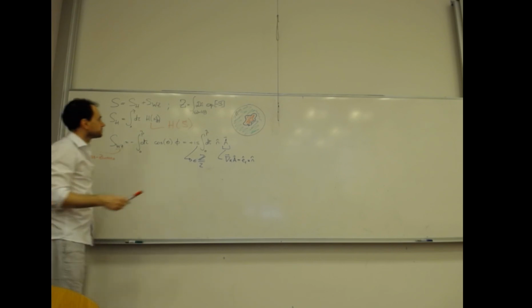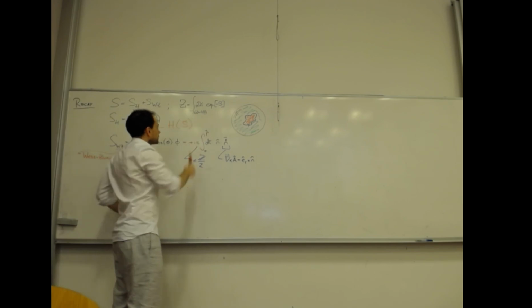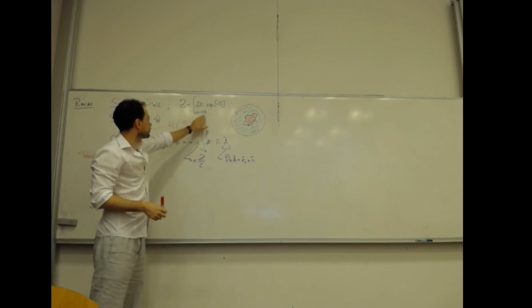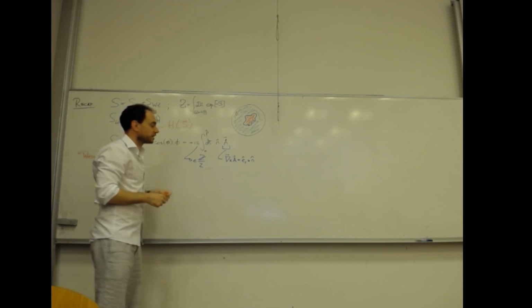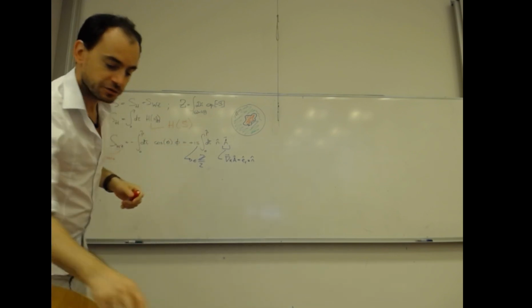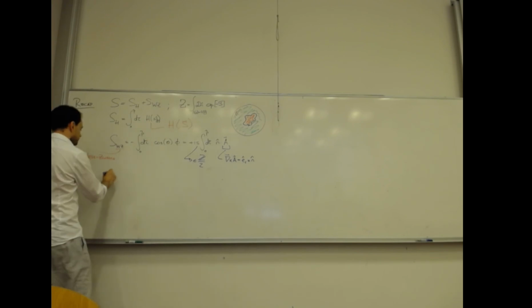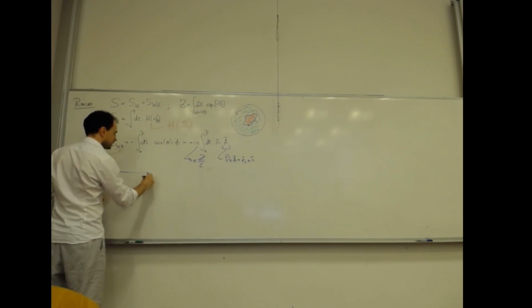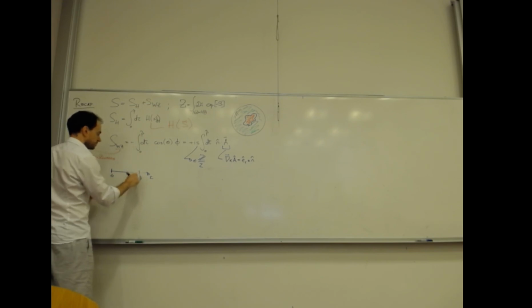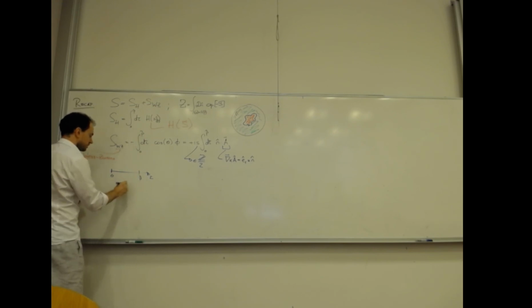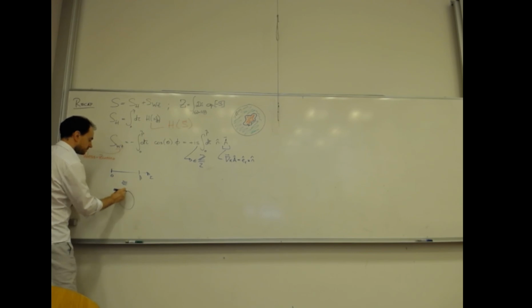So as I said, what we have is a mapping. Since the boundary conditions are such that 0 and beta are identified, what we're effectively doing is, when we have time going from 0 to beta, this point equals this, so this is actually the same as this. 0 and beta being the same.